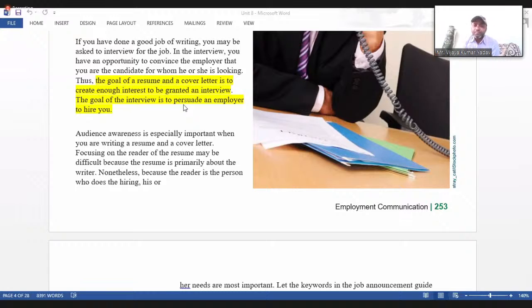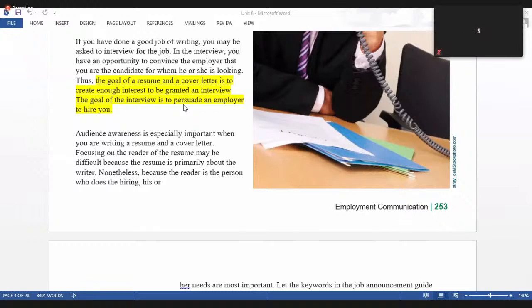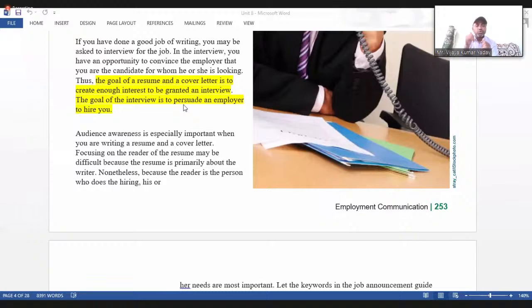What is an interview? In an interview, whatever questions you are asked, you answer the questions satisfactorily. Your main purpose should be to persuade the employer, to convince the employer. If you can convince the employer, then you are selected.